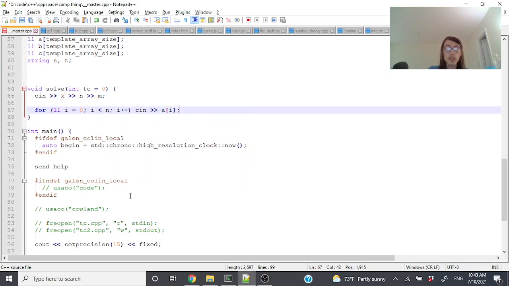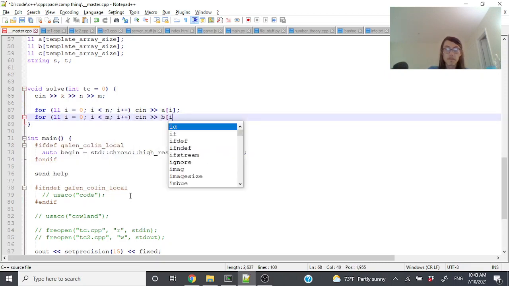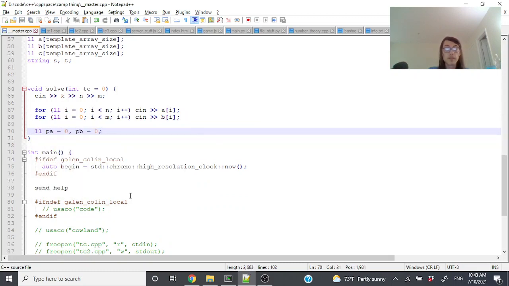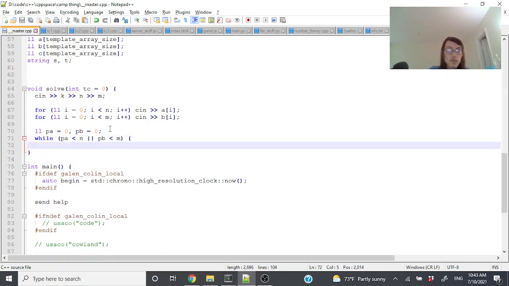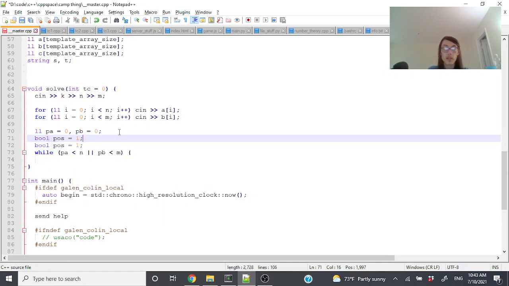C into AI. Okay, PA equals 0, PB equals 0. And pause equals 1.